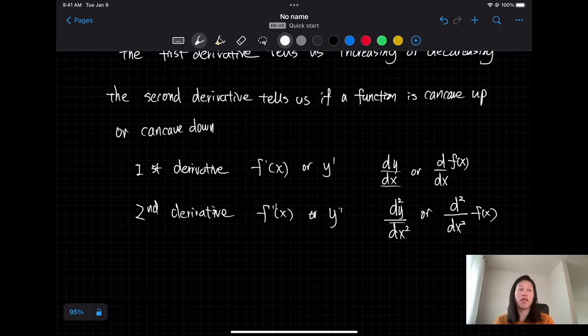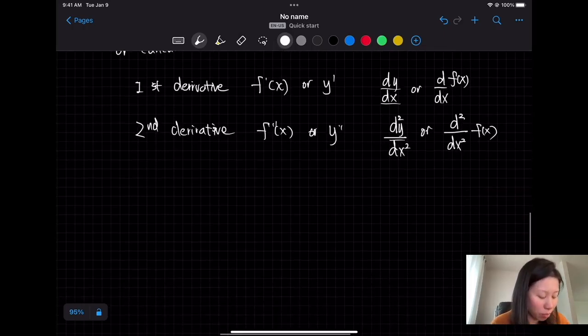If the second derivative is positive on an interval, the graph of y, the original function, is going to be concave up on that interval. So we can say that f is increasing or decreasing at an increasing rate. I'm going to write this down.